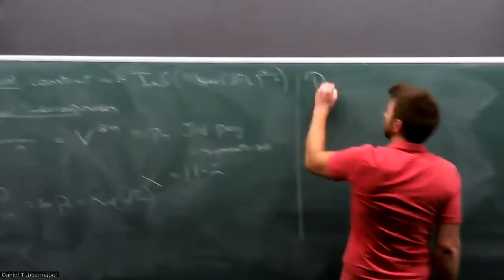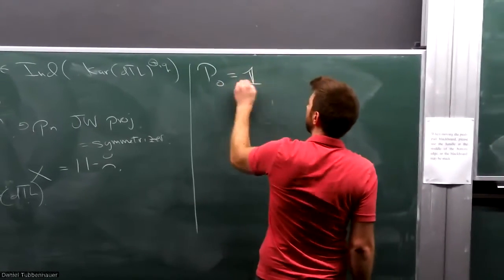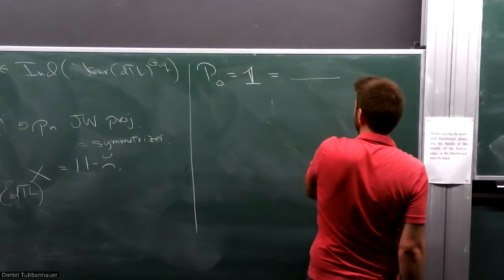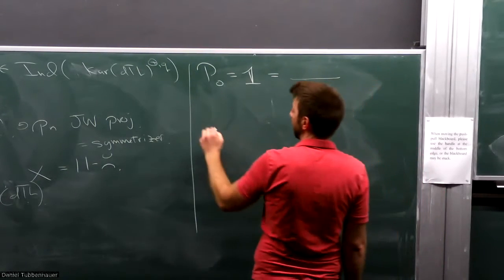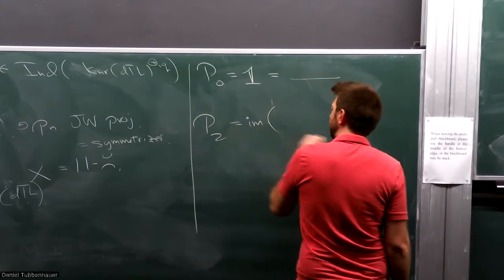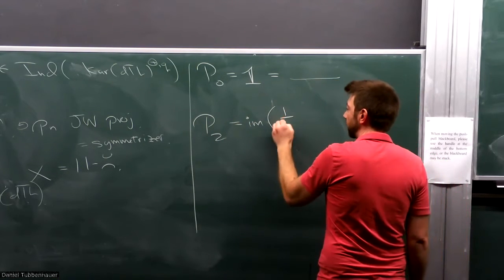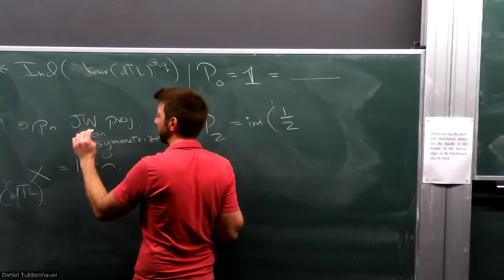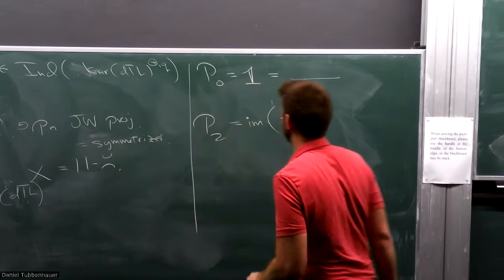So P0 is just the monoidal identity. That's the same thing as zero dots on a line. P2, the object P2, is the image of the second Jones-Wenzl projector. The second Jones-Wenzl projector is, oh, I said symmetrizer. Maybe I meant anti-symmetrizer. I don't know. No. Yes, symmetrizer.